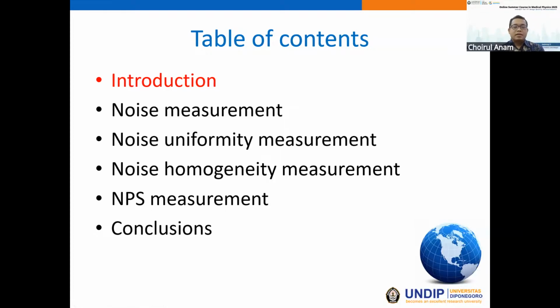Introduction, noise measurement, and then noise uniformity measurement, noise homogeneity measurement, NPS measurement, and conclusion. And after that, we will try together to measure many parameters of noise using IndoQCT.